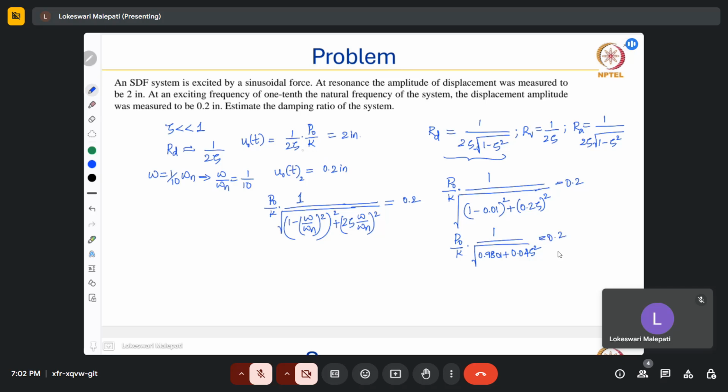So we can take the ratio of these two amplitudes at different frequencies to eliminate this p naught by k term. 1 by 2 zeta divided by 1 by square root of 0.9801 plus 0.04 zeta square is equal to 10. So can you people solve this and then tell me what value of zeta you're getting?